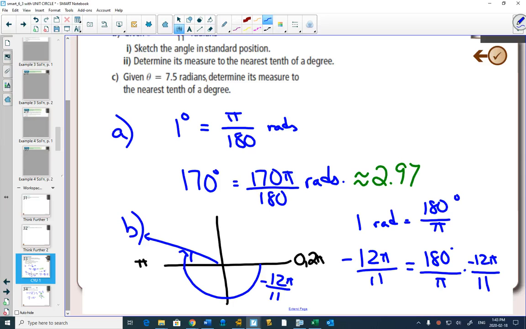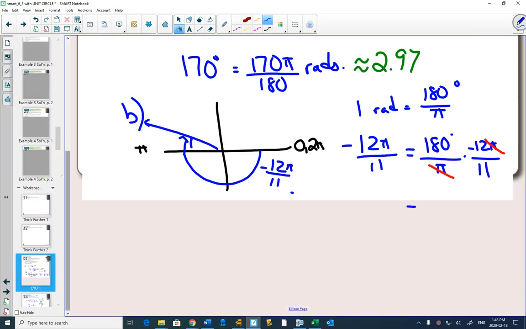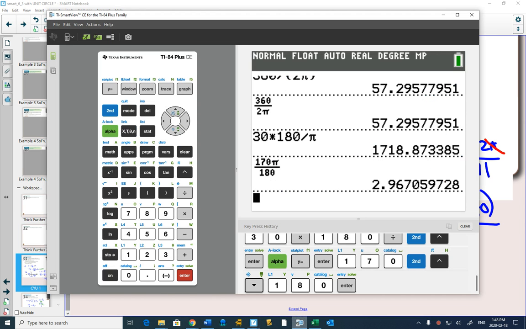What's going to happen to the pi's? They're going to cancel out. And so now I just have, I'm going to write this out just because something neat happens. Negative 12 times 180 over 11. Go to my calculator to figure out what that is.